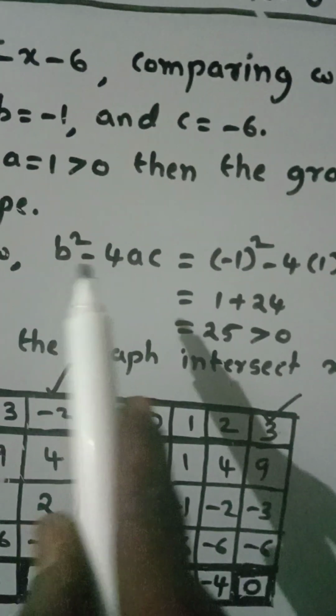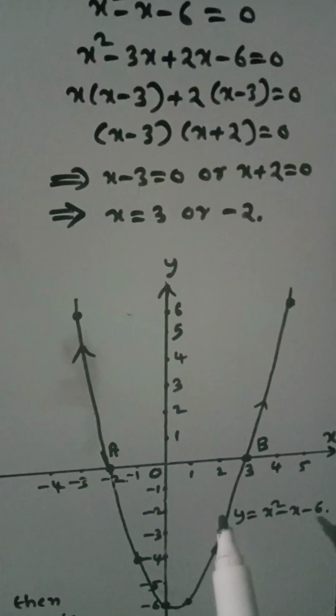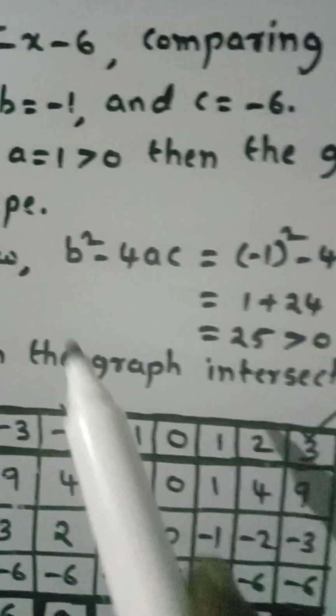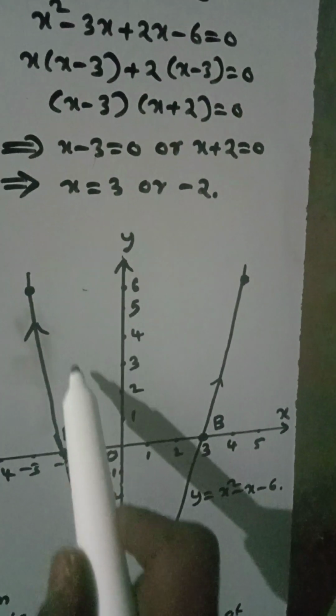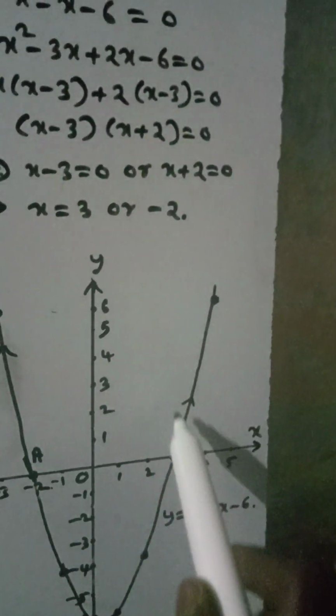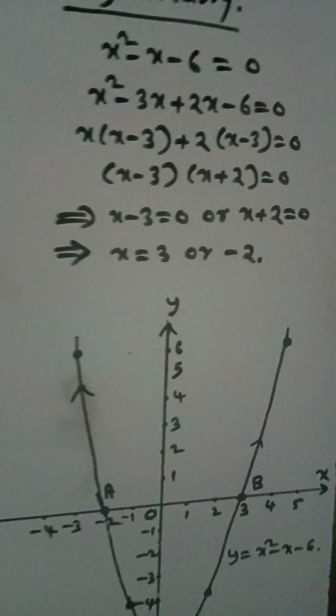In case b square minus 4ac is less than 0, the graph will not intersect the x-axis; it will come anywhere, but it will not intersect. Suppose b square minus 4ac equals 0, then the graph touches the x-axis at one point, in a U shape, like this. It looks like a U shape because the coefficient of x square is a positive number.